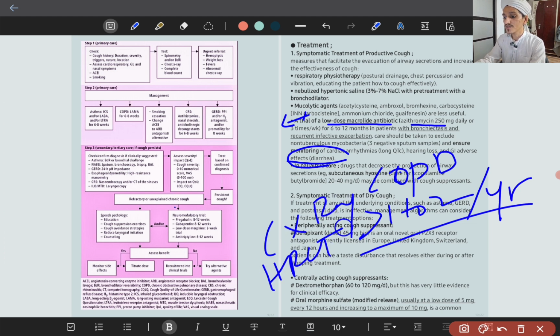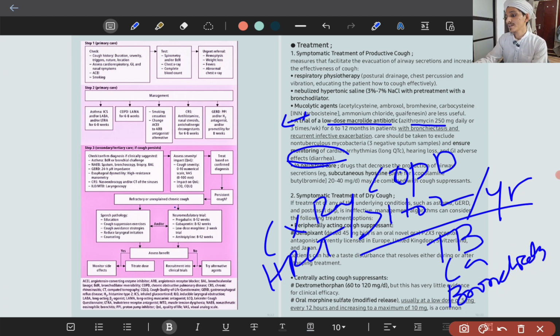Three things you rule out: TB, carcinoma, and bronchiectasis. So if you don't find TB and carcinoma and you have bronchiectasis, then you should give this drug.